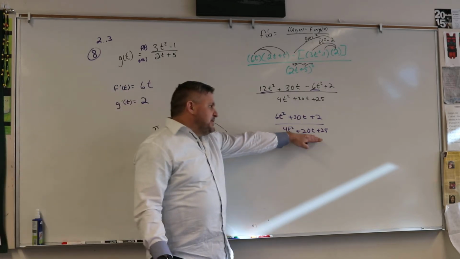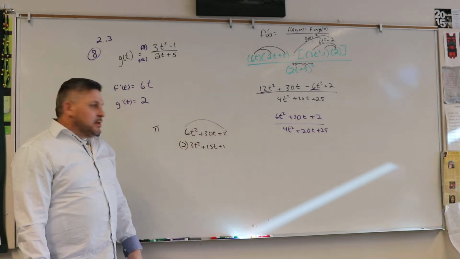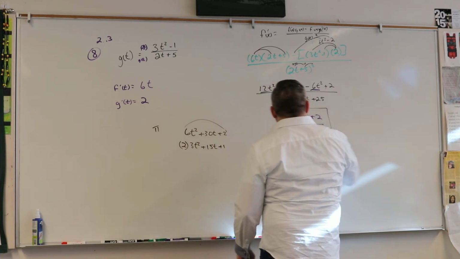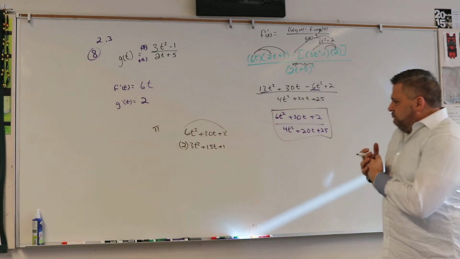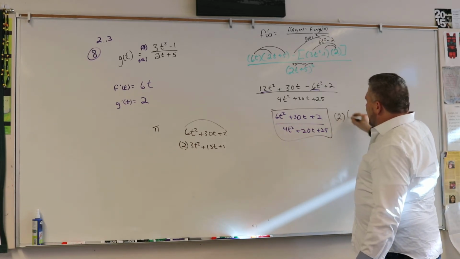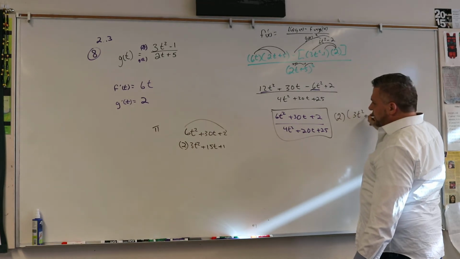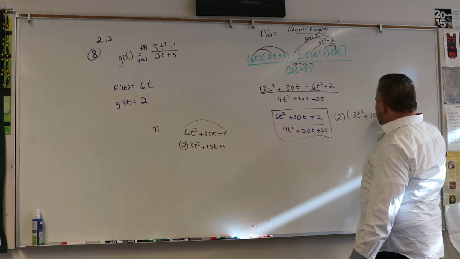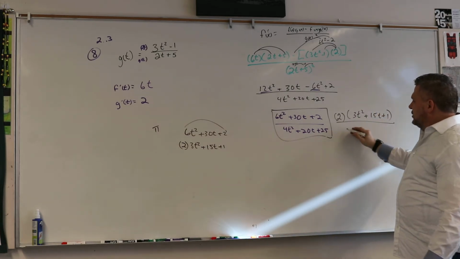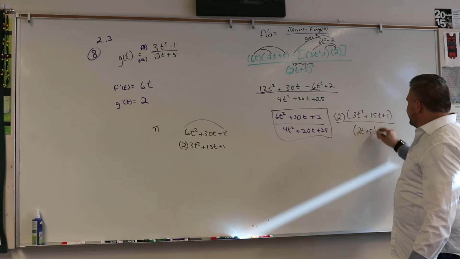Now, can we take a 2 out of this? No. So I think we're good to go with this. I could also see it as 2 times 3t squared plus 15t plus 1 over 2t plus 5 squared.